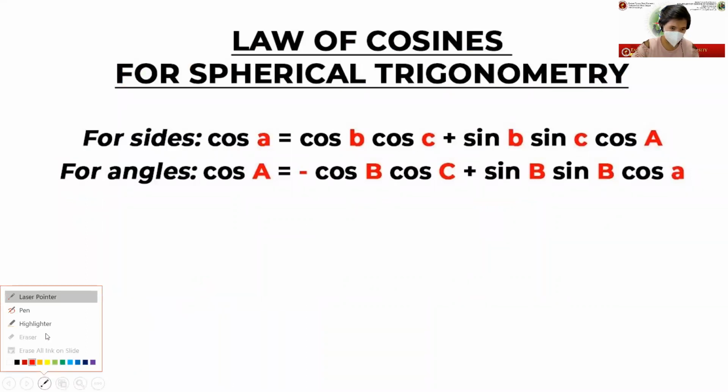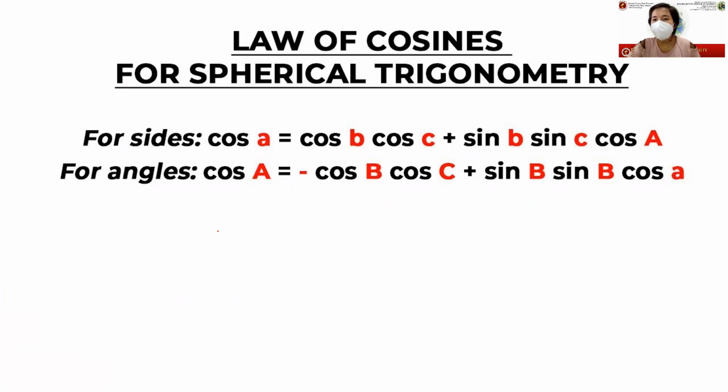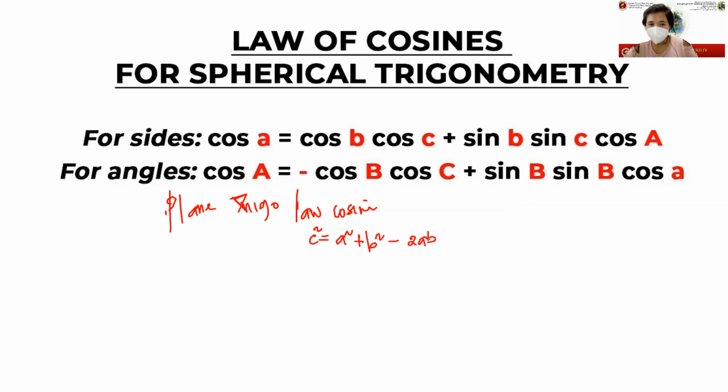I need to change the pen. Okay, so for the plane trigo, we have the law of cosine: c squared equals a squared plus b squared minus 2ab cosine of the angle opposite to this side here.